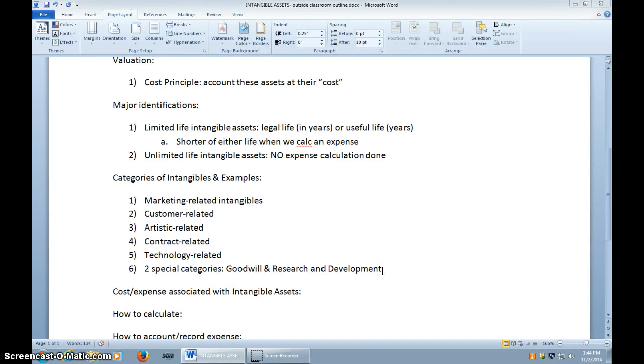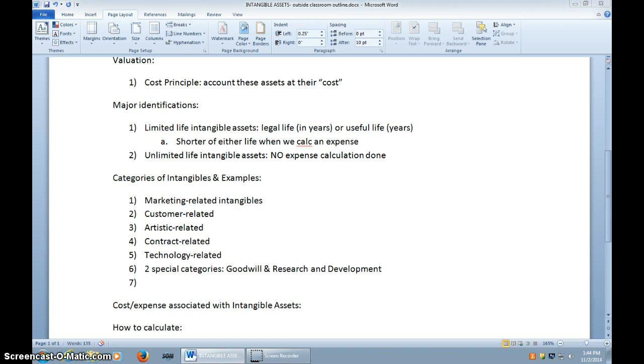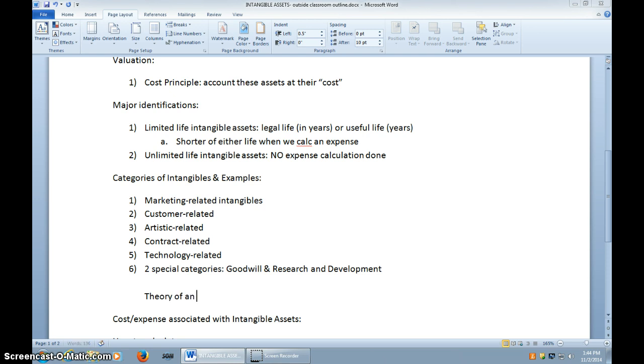So I can see that I have a minute and 45 seconds or so before this segment is done. So I'm just going to mention something in general: the theory of an expense with intangibles is the same theory as an expense with tangibles.